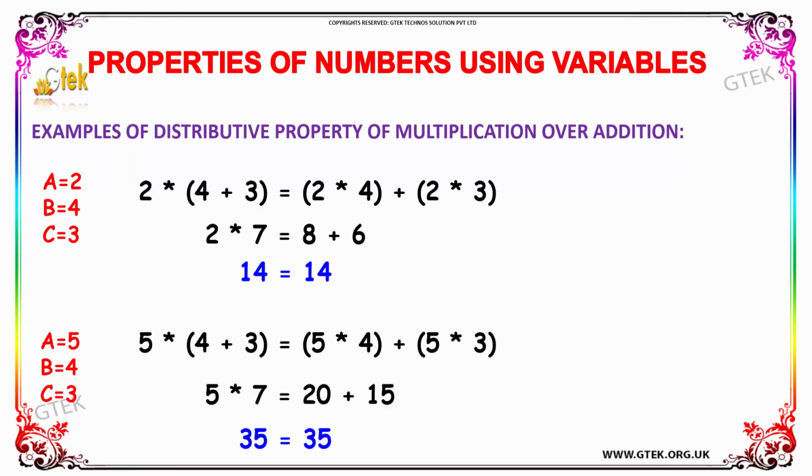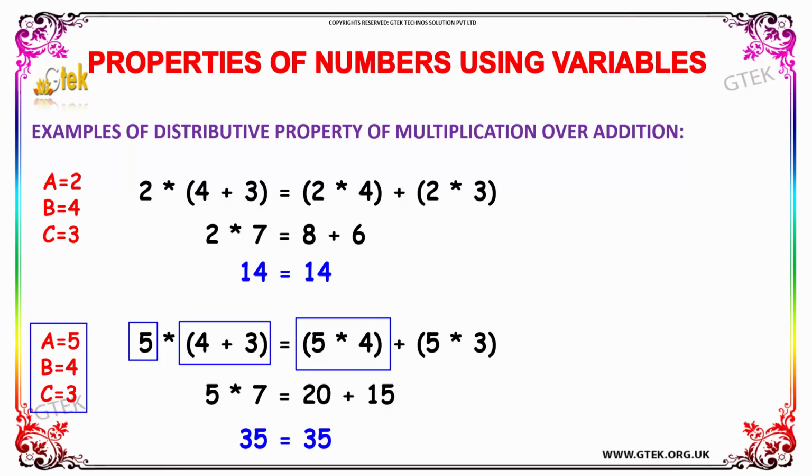We have one more example. We have values A equal to 5, B equal to 4 and C equal to 3. By applying A into B plus C, that is 5 into 4 plus 3, which is equals to 5 into 4, that is A into B, plus 5 into 3, that is A into C. The 5 is over here from the first step.